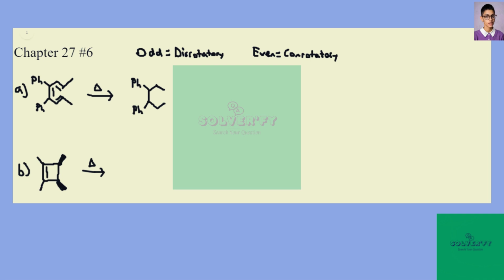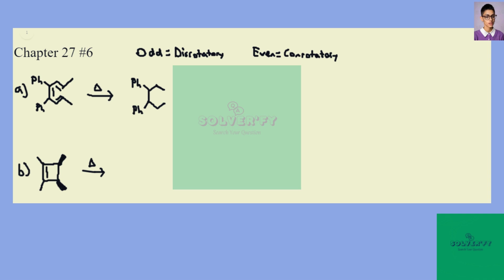If there are an even number of double bonds, there will be conrotatory rotation. Disrotatory means that the two carbons in question rotate in opposite directions. Conrotatory means that they rotate in the same direction.